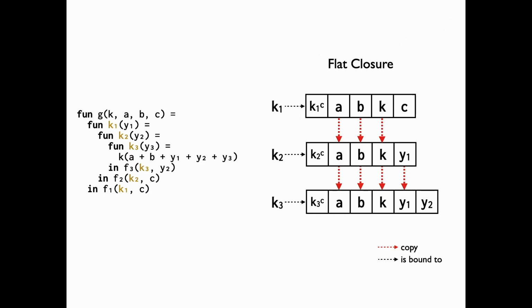But regardless of how you get to this point, once you're here, what can we actually do about this? We realized that A, B, and K are not actually used in K1 or K2, but are just there to provide access for K3.